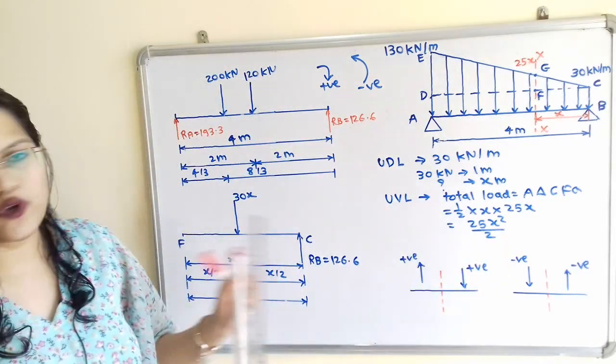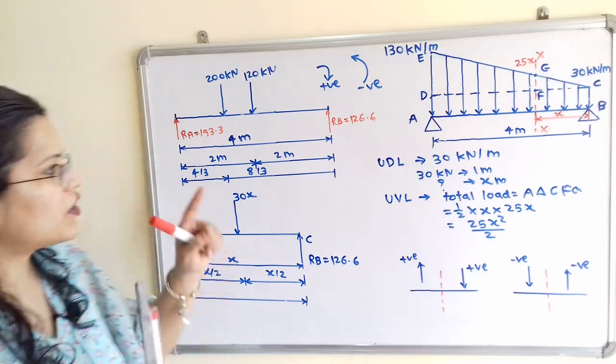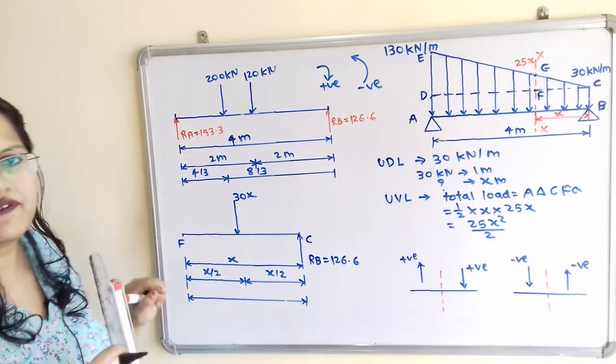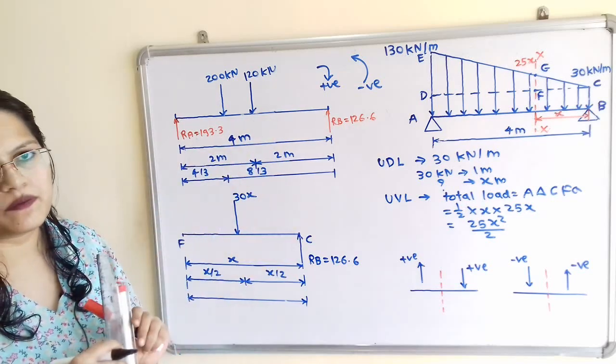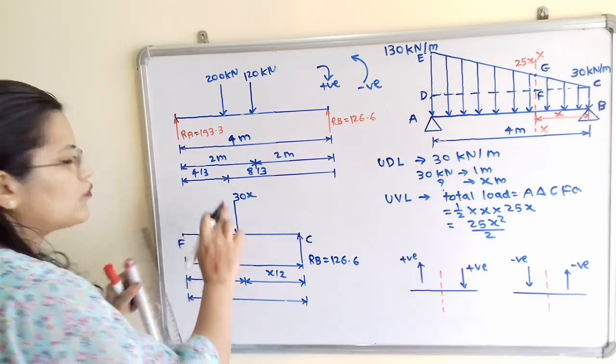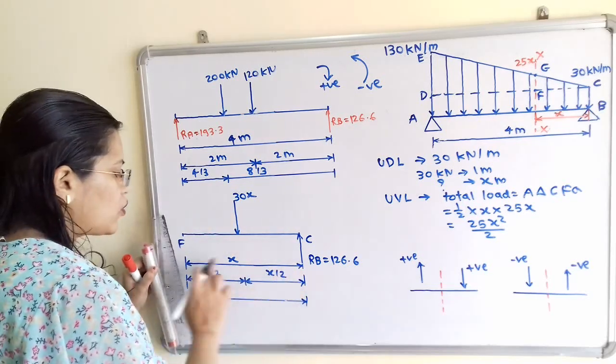So this is the total load, and where is the point of application of load? Now if we observe, point F is with maximum load, and point C is with minimum load. From maximum load we have to take the distance 1 by 3 multiplied by the total span x.